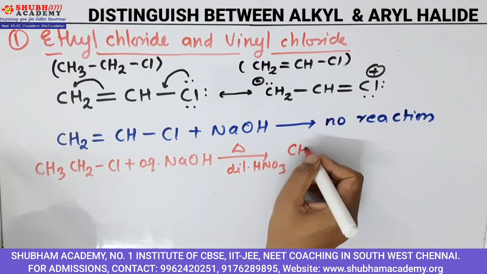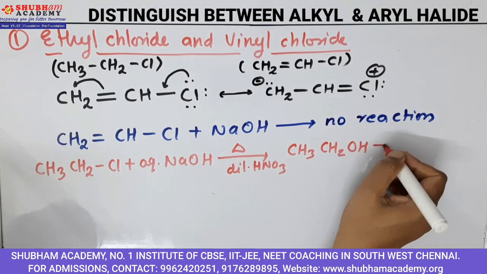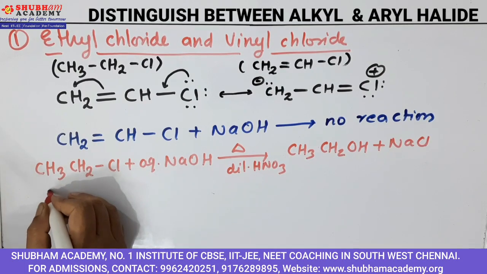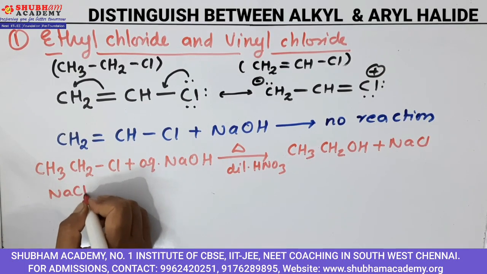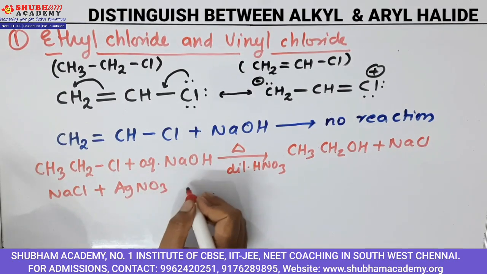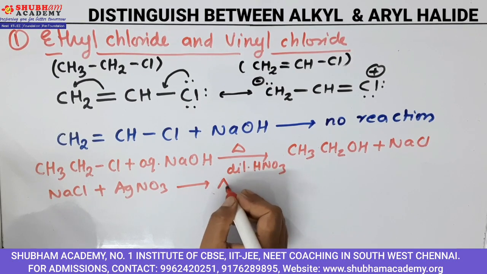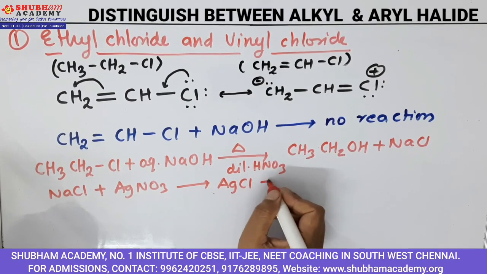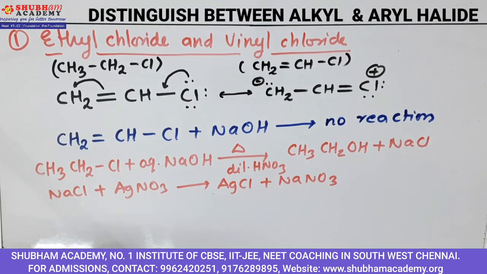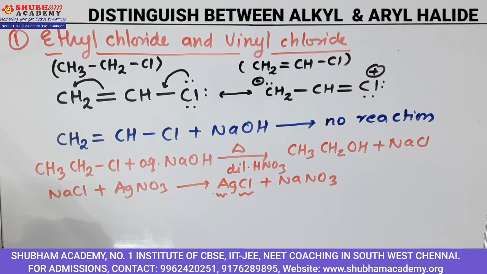So we get CH3CH2OH plus NaCl, right? Then NaCl plus AgNO3, okay, will give you AgCl plus NaNO3, right. So this AgCl will form a white precipitate, okay.